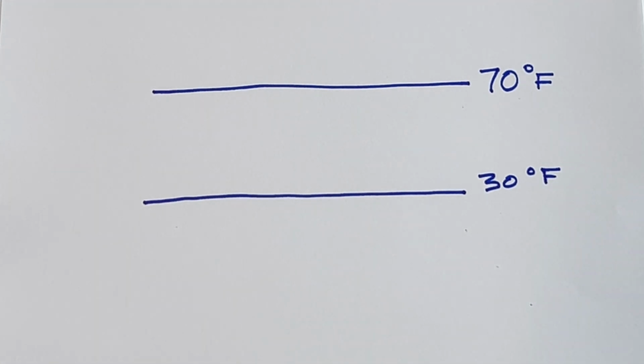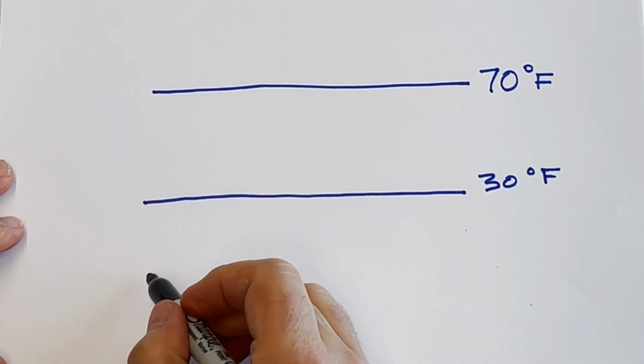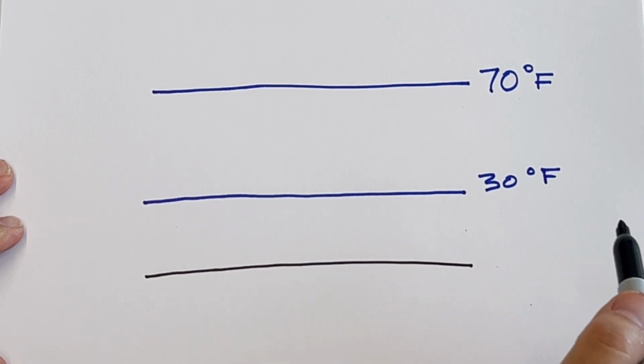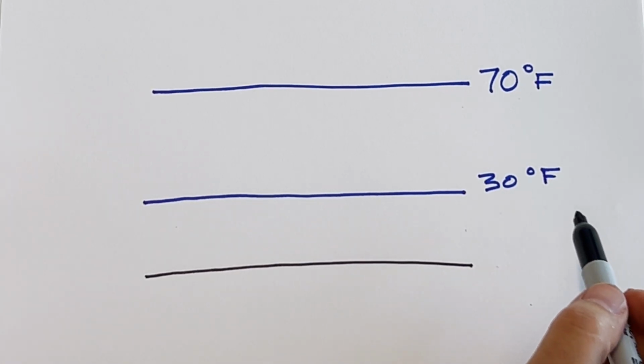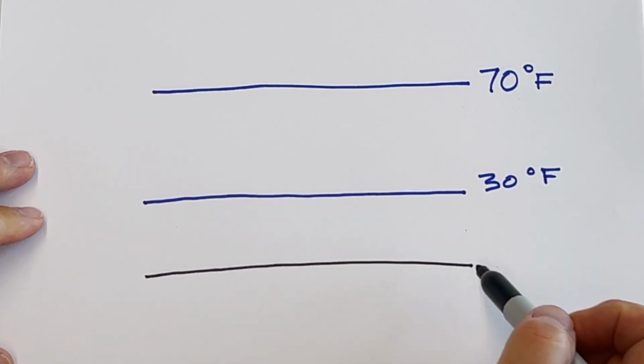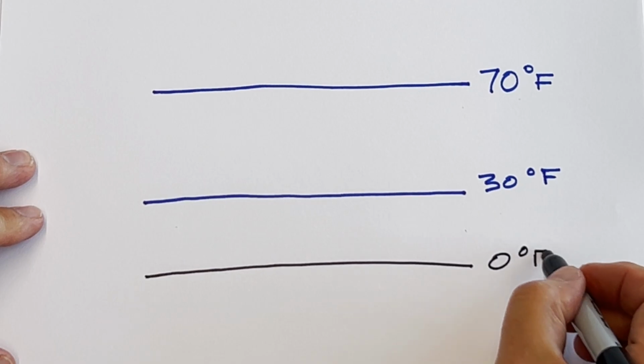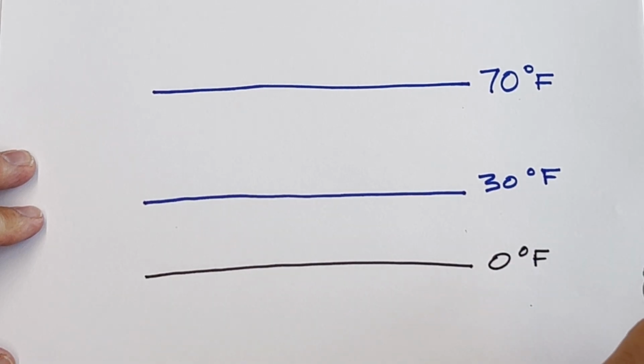It gets it by putting refrigerant in the outdoor heat exchanger that is colder than the outside air. As a first example, you might consider that refrigerant being 30 degrees colder than the outside air. So the refrigerant in the outside unit is at 0 degrees.